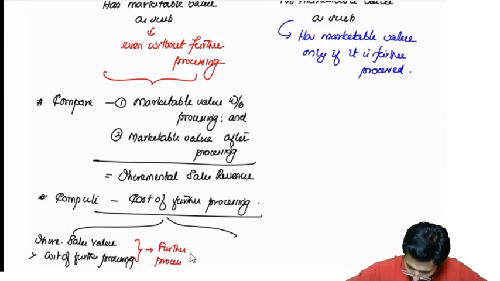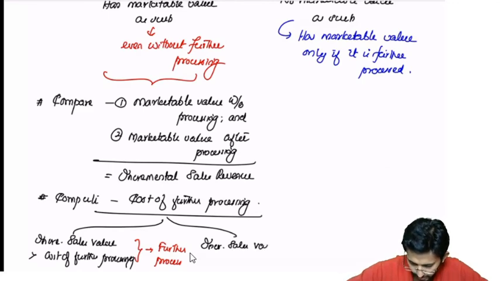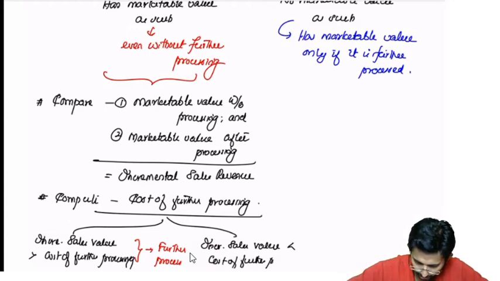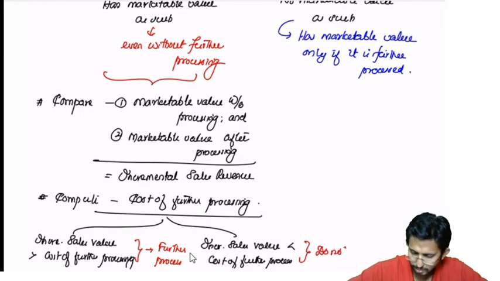If it is reverse, incremental sales value is less than the cost of further processing, then the decision will be do not process further.